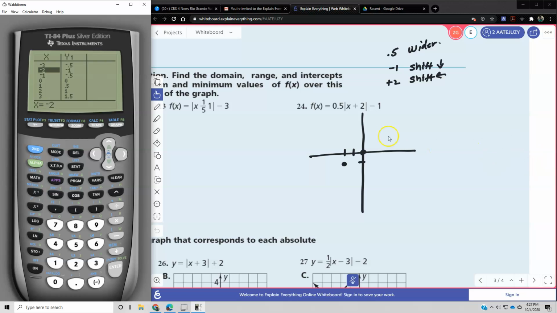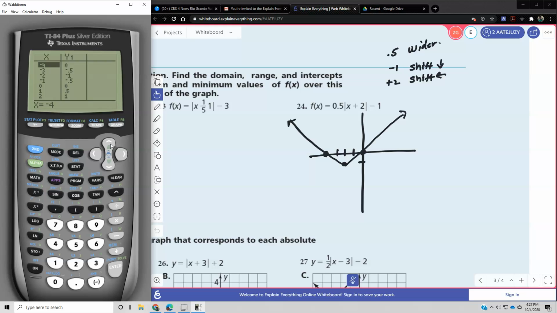Okay. -4, 0. So you know it's more wider.